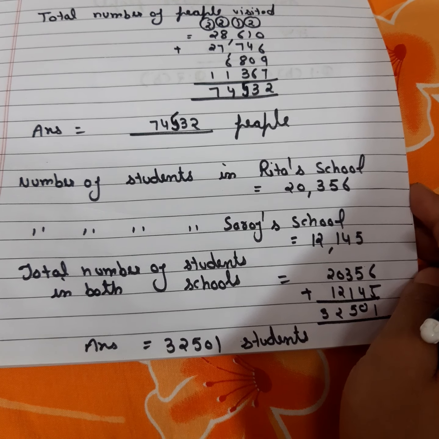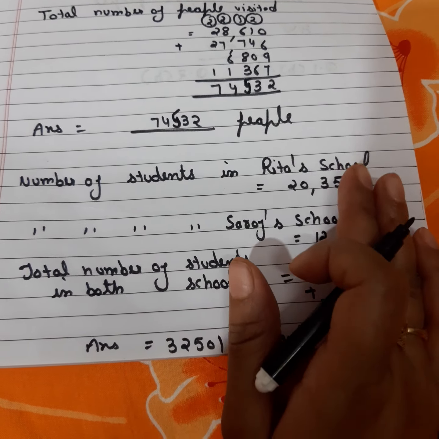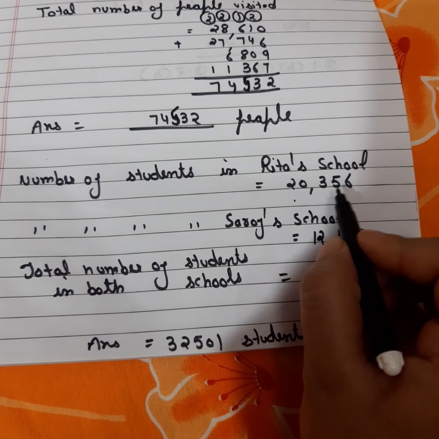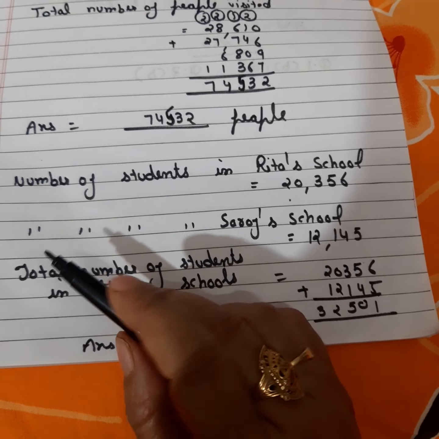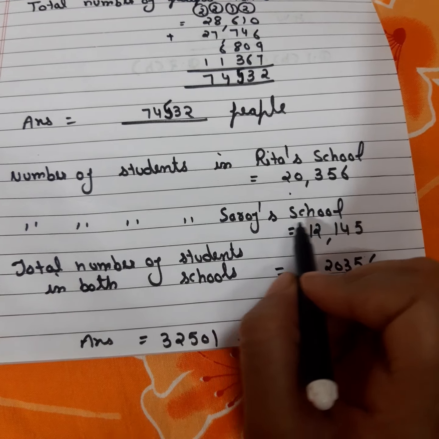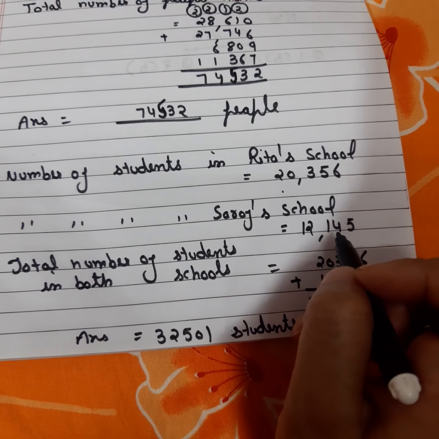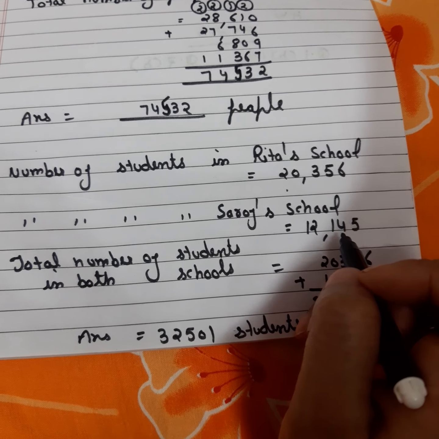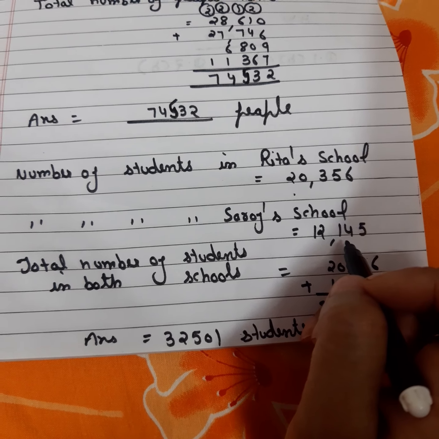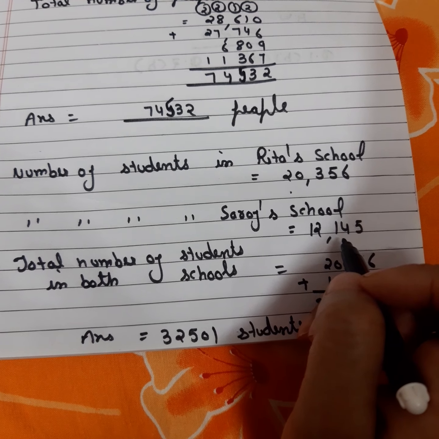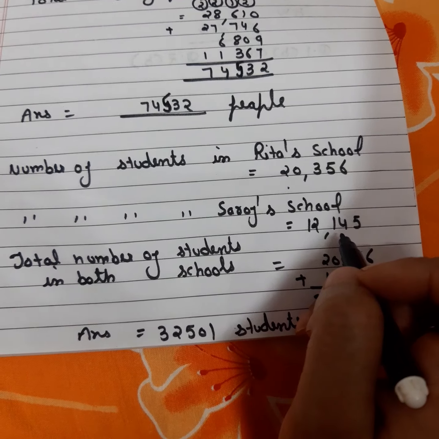In the question it was given that the number of students in Rita's school is 20,356, and the number of students in Saroj's school is 12,145, and the distance of Saroj's school is also given, but it is not required to write the distance in this question, because we are not bothering about the distance.